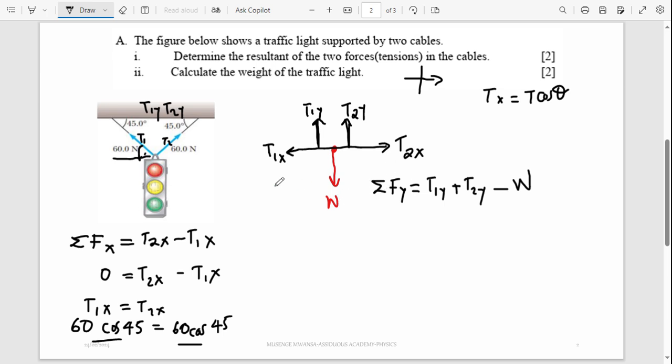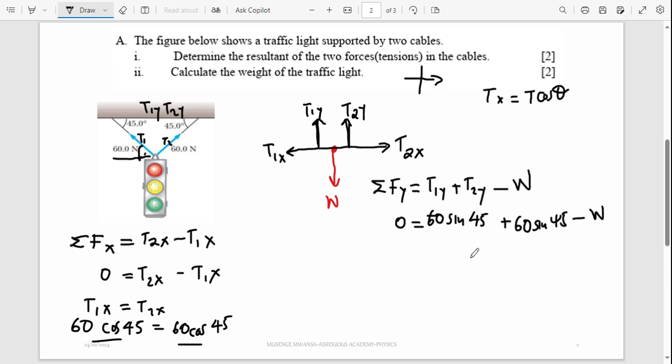Net force in the y, because this thing is not moving up or down, the net force is also 0. And T1y is given by T1 sine theta, but T1 is 60 newtons. So that is going to be 60 sine 45, plus T2, T2 is also 60 sine 45, and then now minus W.